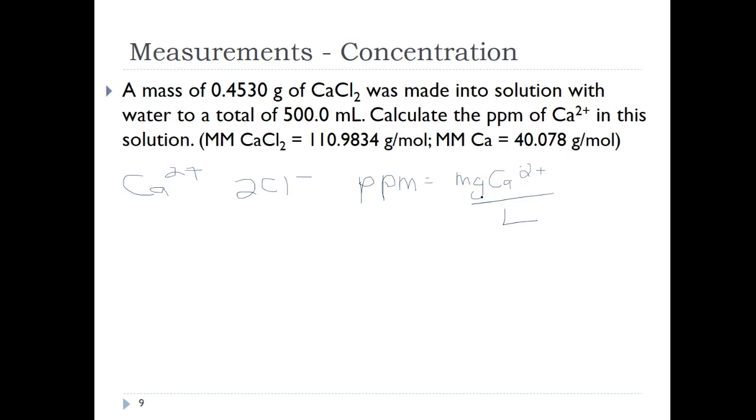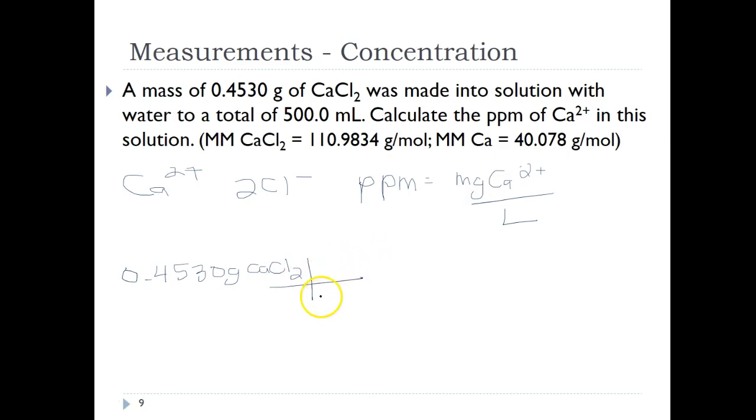Okay, so the issue we have here, we've definitely got the volume in milliliters, and we can convert that to liters easily, but the mass that I have is the mass of calcium chloride, and I want just the mass of calcium. So I have to do a little bit of dimensional analysis here. So I'm going to start with the 0.4530 grams of calcium chloride and convert that into milligrams of calcium.